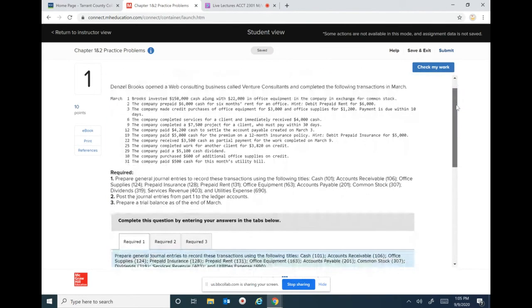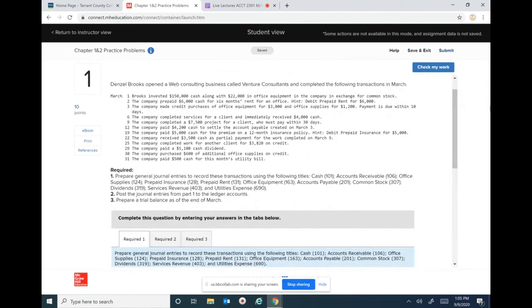When you are working a problem like that on the homework or on the test, you need to remember that you will always act as the company's accountant. So it doesn't matter what Denzel Brooks' financial state is.